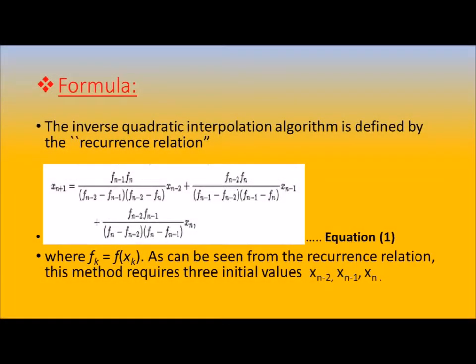Now let's see the formula. This inverse quadratic interpolation algorithm is defined by the recurrence relation.